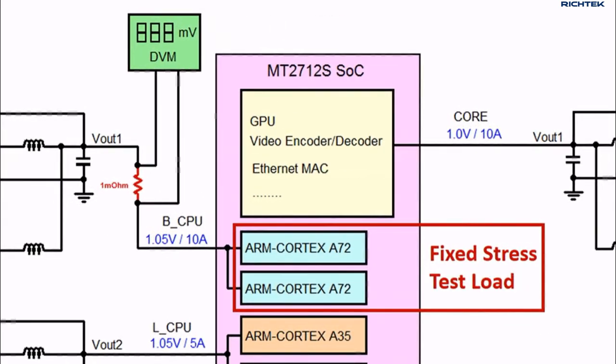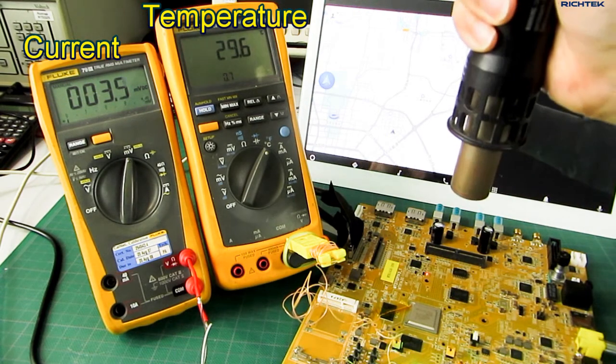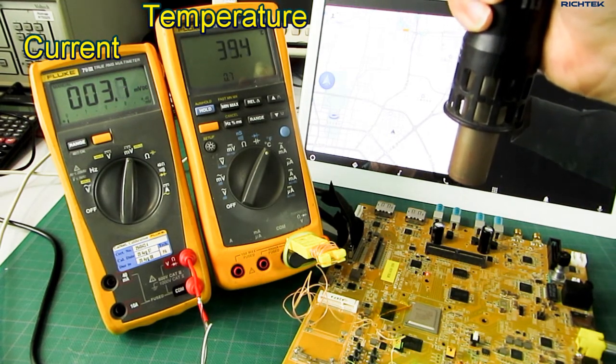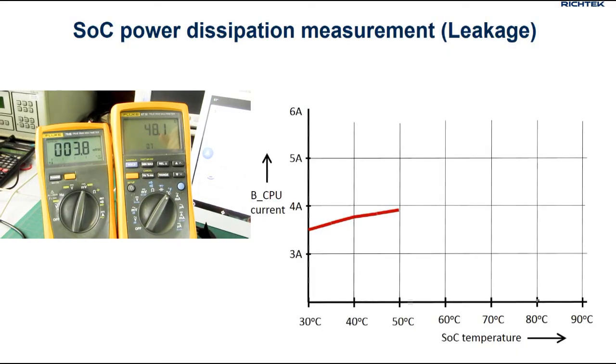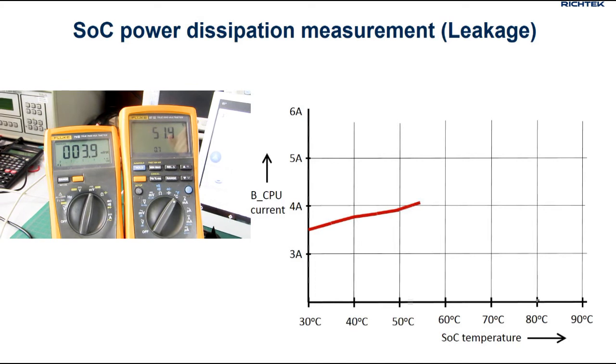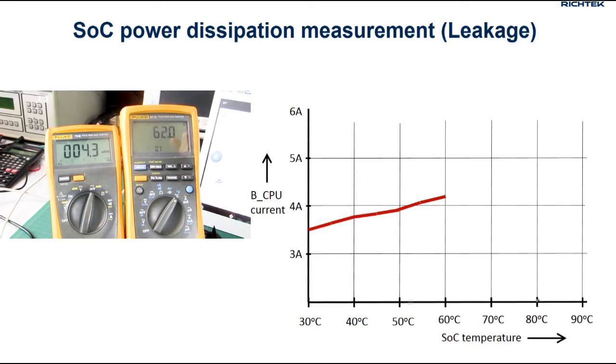I'm running the ARM Cortex-A72 CPUs with a fixed stress test load. Initially, the average current is around 3.5 amps. When I now blow hot air on the SoC, you can see that the average current slowly increases. The curve shows an exponential behavior.